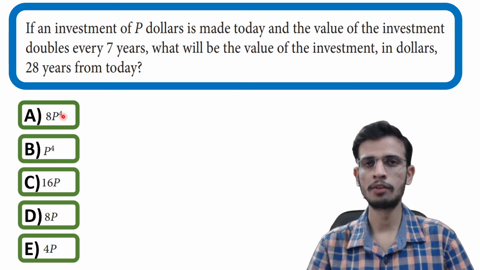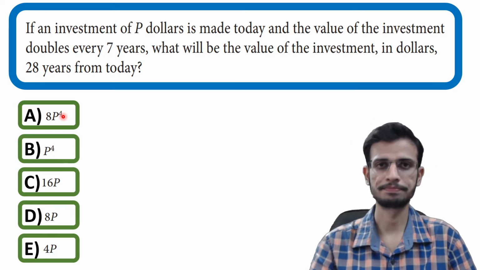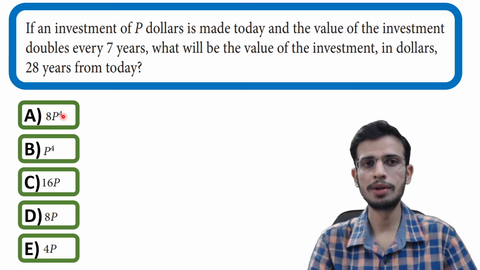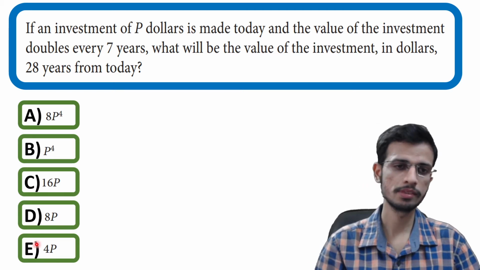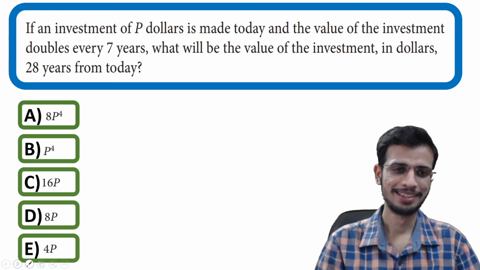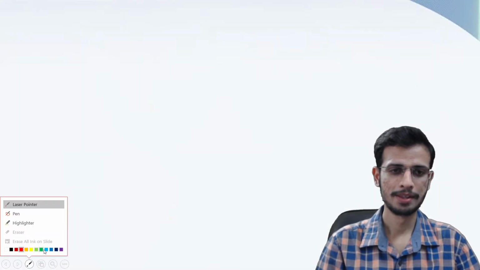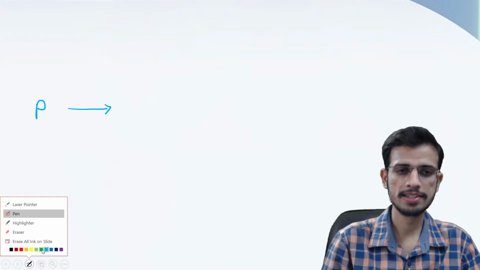In every 7 years, our investment doubles. That is given to us in the question. So if I'm investing P dollars today at 0 years, right? At 0 years.